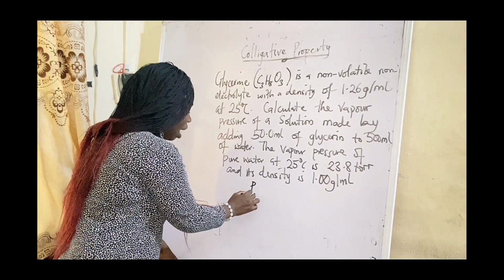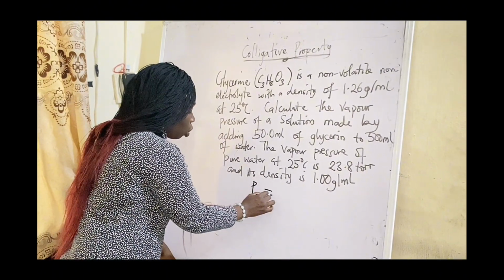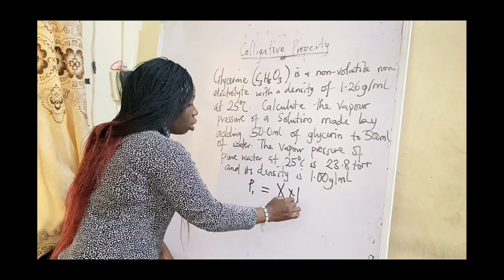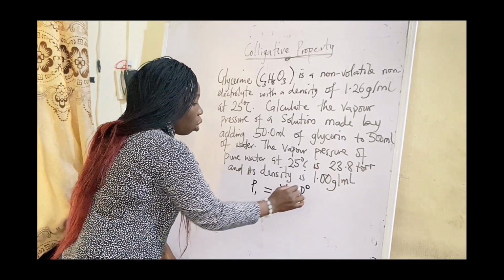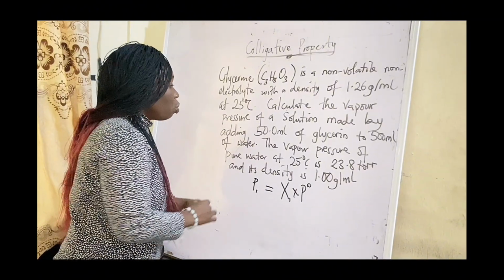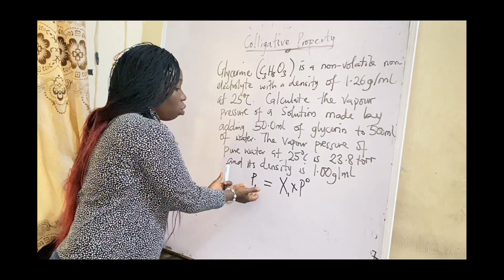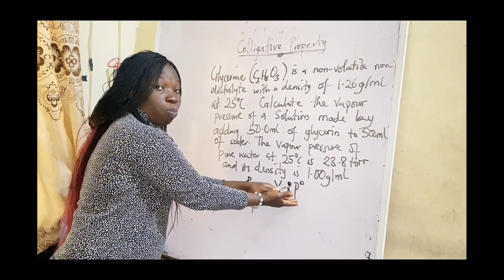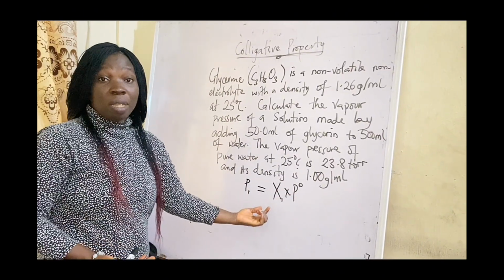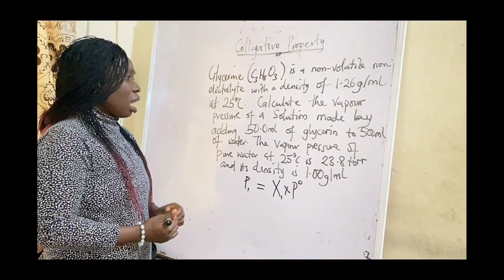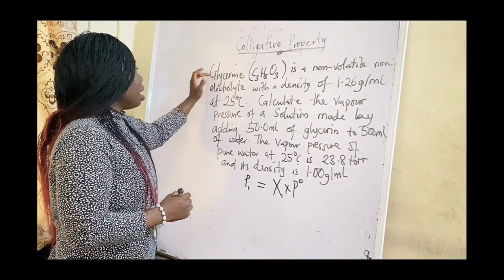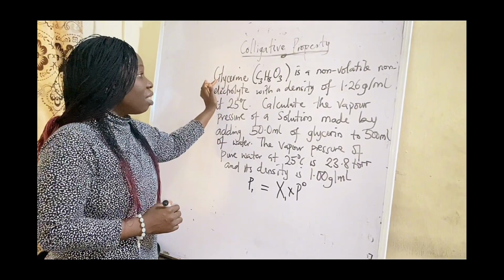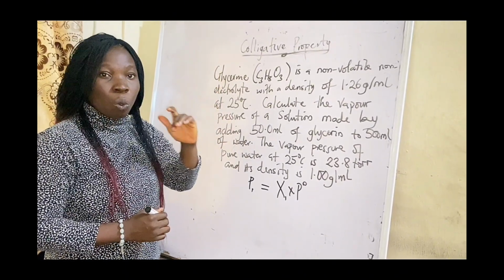So what comes to your mind is we have to calculate the vapor pressure of the solution. And like I said, the vapor pressure of the solution is equal to the mole fraction times the vapor pressure of the pure solvent. So how do we calculate the vapor pressure of the solution if we only have the vapor pressure of the pure solvent? It means we have to calculate the mole fraction. In calculating the mole fraction, glycerin becomes the solute because glycerin is the one being added to water.